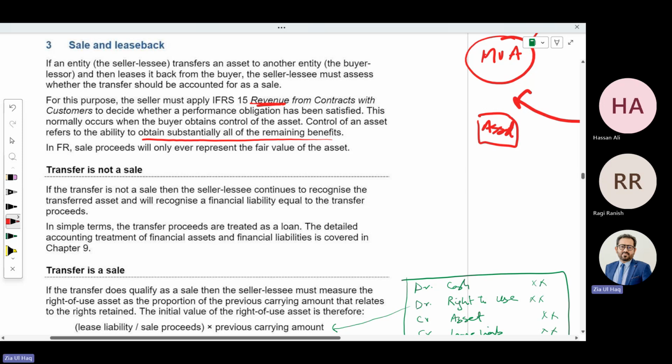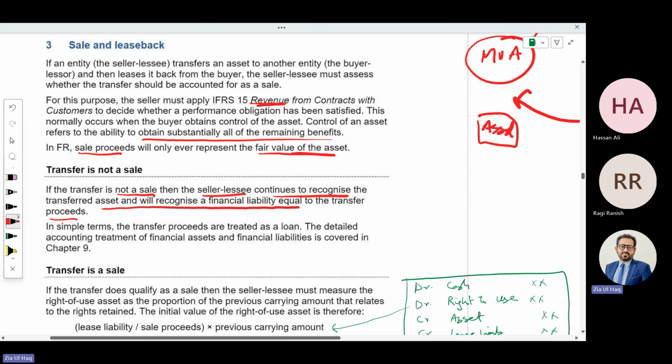The sale proceeds will always represent the fair value of the asset. Meaning in the question, the sale proceeds or fair value of the asset will be given, meaning the same thing, revenue. If the transfer is not a sale, then the seller, meaning lessee, continues to recognize the transferred asset and will recognize a financial liability equal to the transfer proceeds.